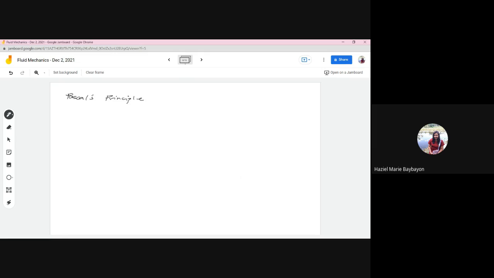What does that mean? For example, its usual application, class, is a U-shaped tube. Say for example, this has a circular cross section.